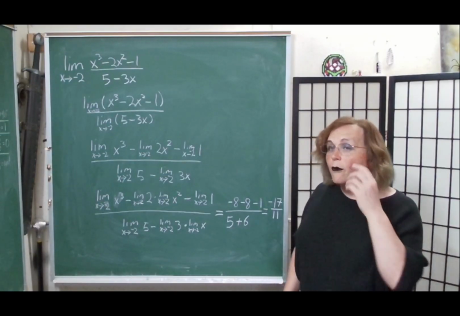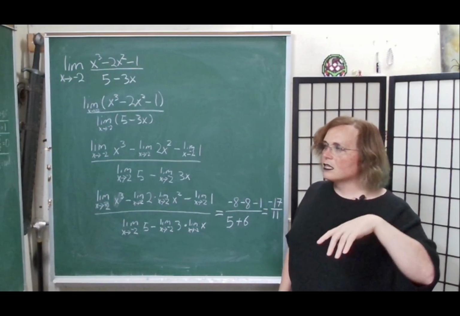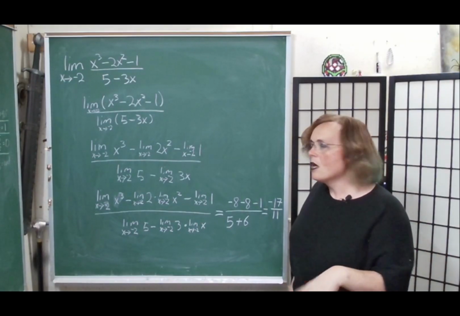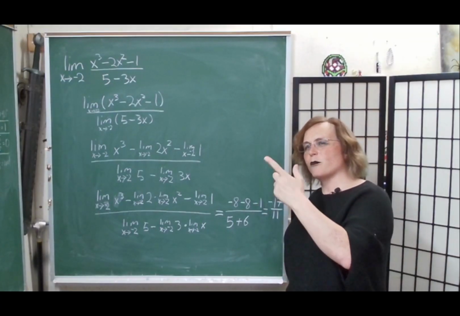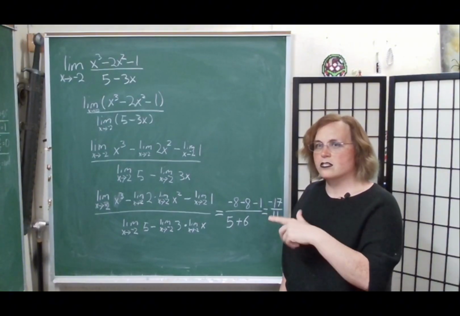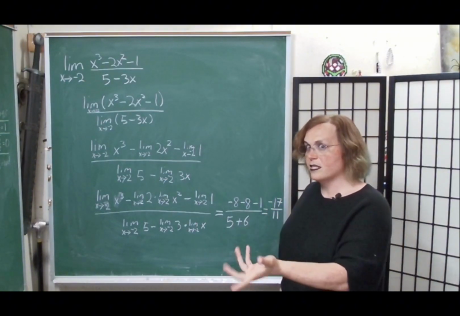product law. Now, there actually was a limit law that I forgot to mention, and that was the constant law. But you'll notice that we can apply the product law, and it effectively becomes the constant law because of the constant law we had at the end.